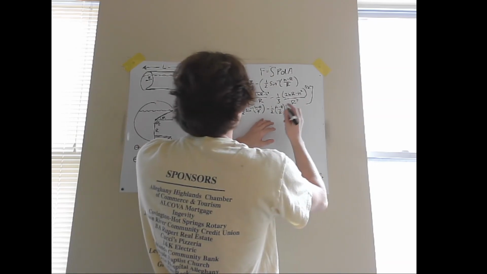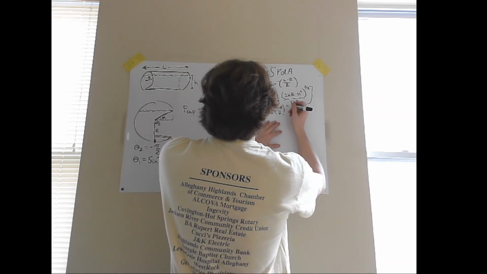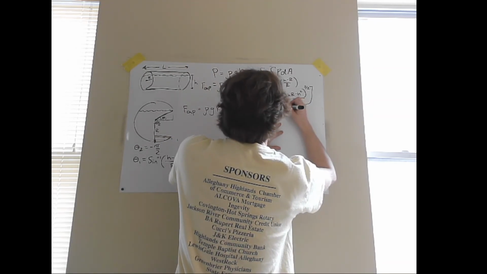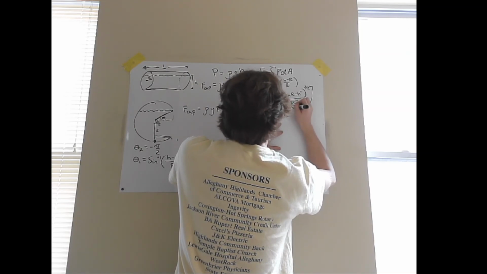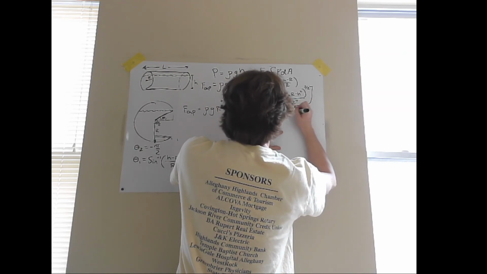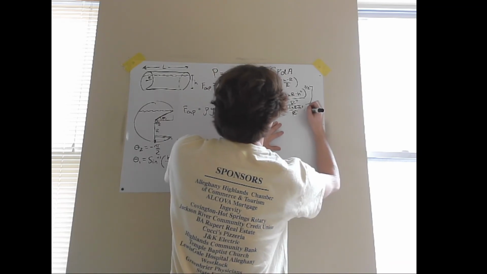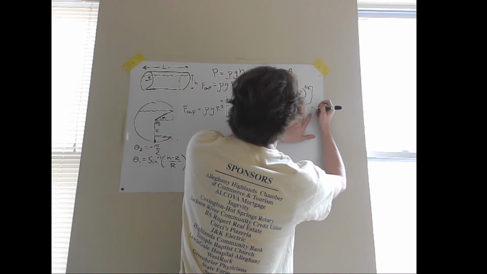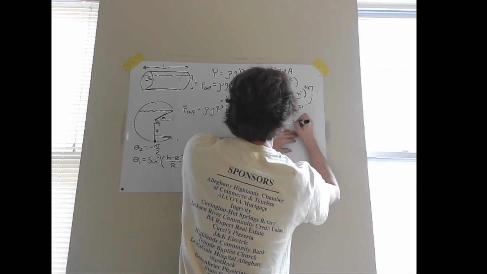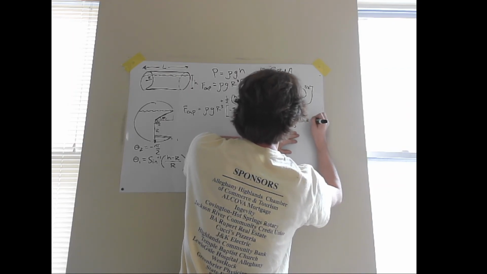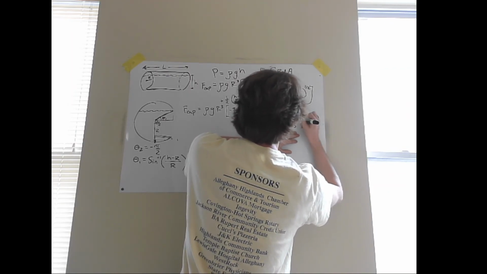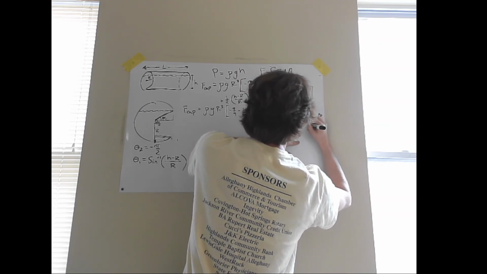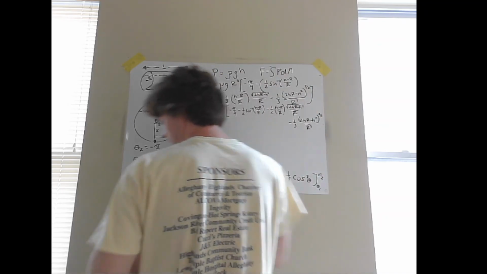I think I need a bigger whiteboard for this problem. 2hr minus h squared over r, minus, let's do it down here, minus 1/3 times 2hr minus h squared to the 3 over 2 over r cubed.